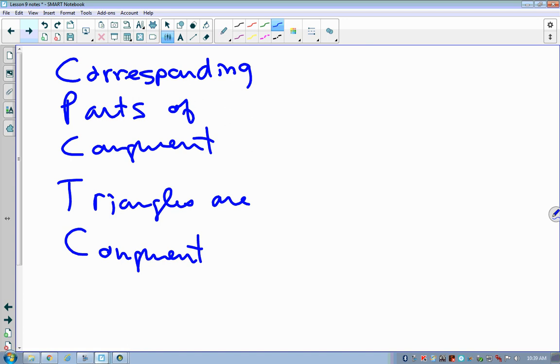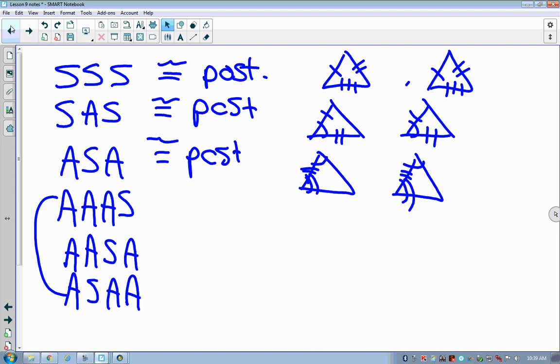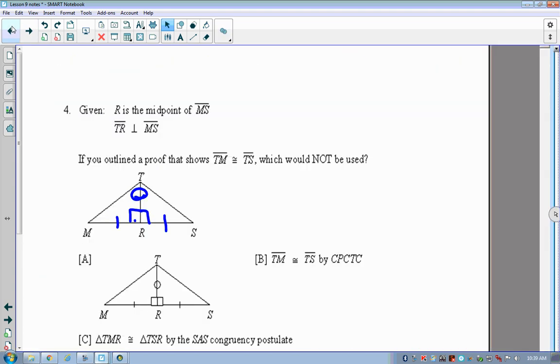All right, so let's come back. All right, so you'll notice that we outlined A, so we would use that, okay? B, we're probably going to use, let's see, they say we want to prove this, right? And after we've proven that the two triangles are congruent, we're going to say TM is congruent to TS by CPCTC.